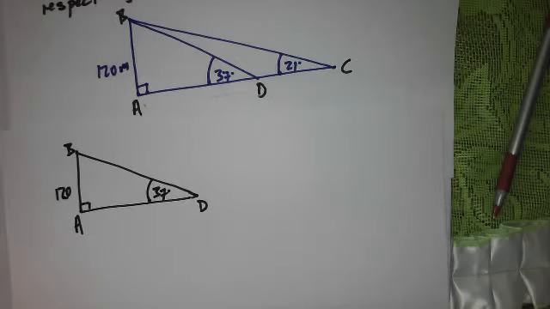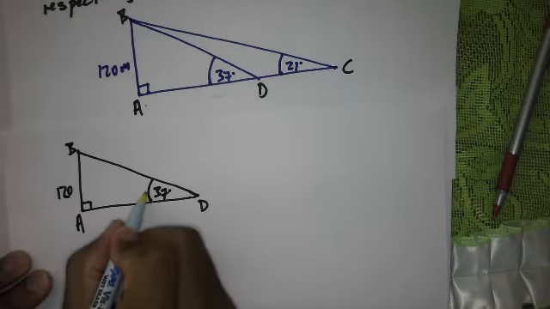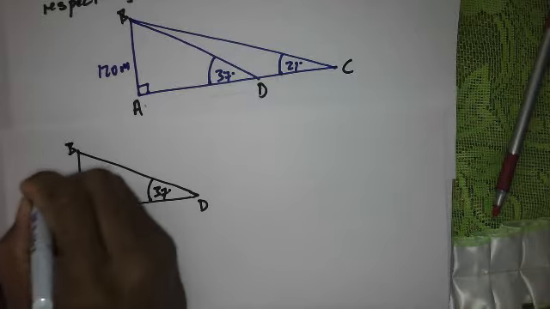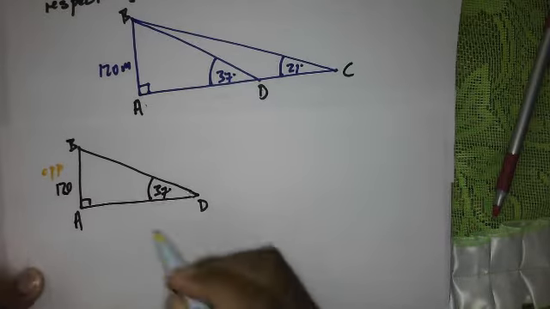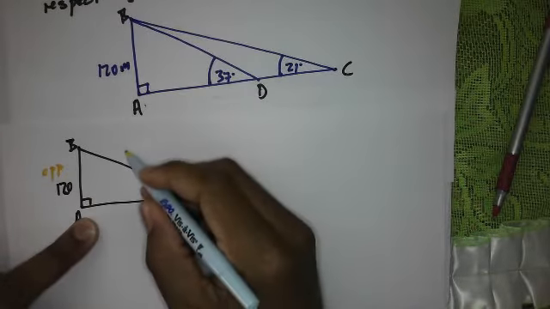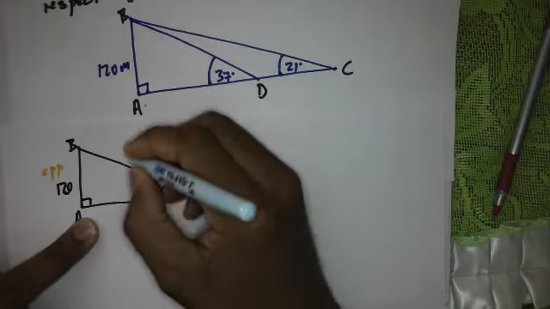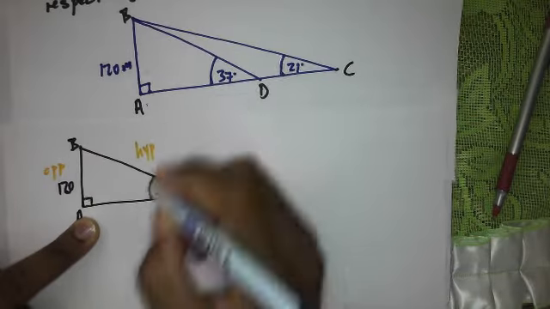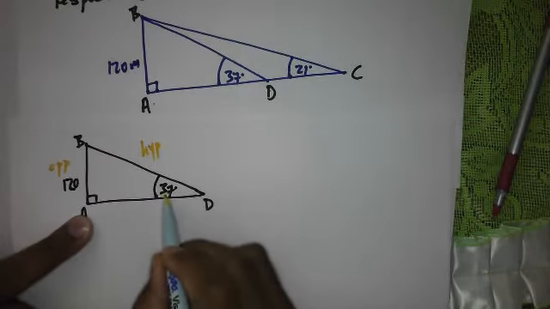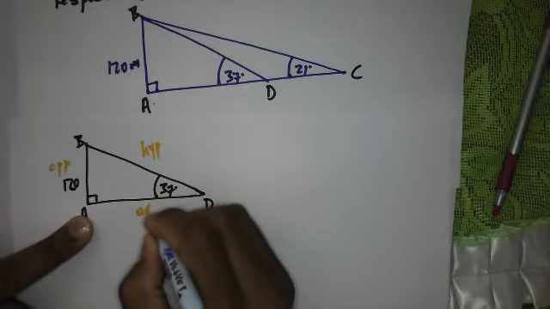Now, remember, the first move is to label your diagram. The side that is across from your included angle is your opposite side. The side that is across from your right angle is your hypotenuse. And the side that meets the hypotenuse to form the angle is your adjacent side.